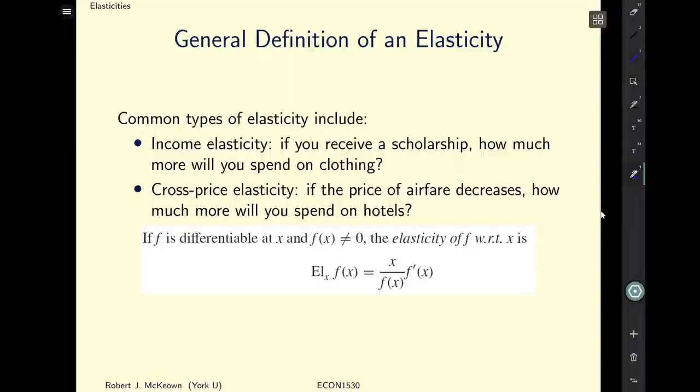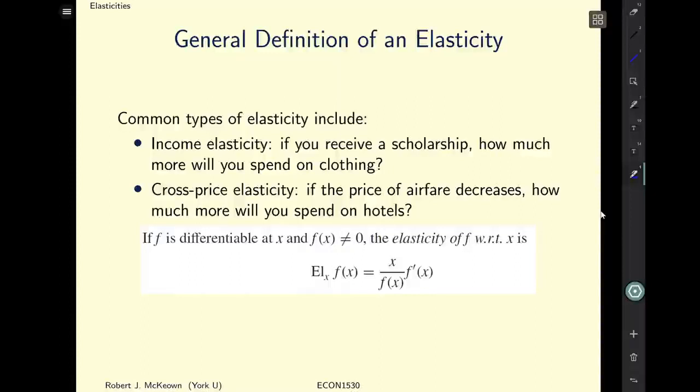We could also look at the elasticity of substitution between inputs. So in 1540, you're going to look at the relationship between labor and capital. How much labor am I willing to give up for 1 unit of capital, such that I can still produce the same amount of output. Those are some other elasticities that we see in economics.